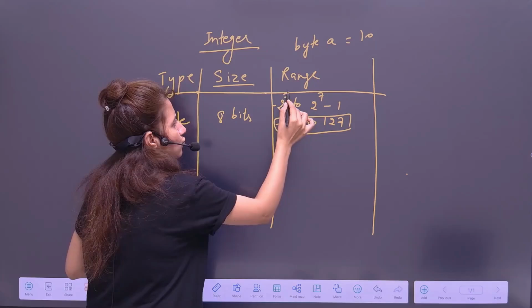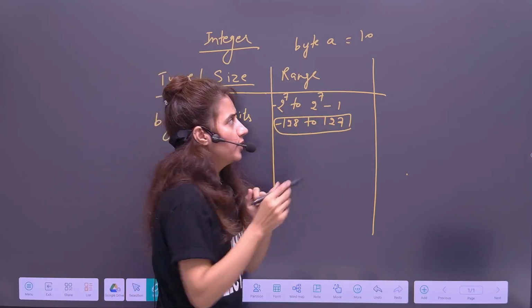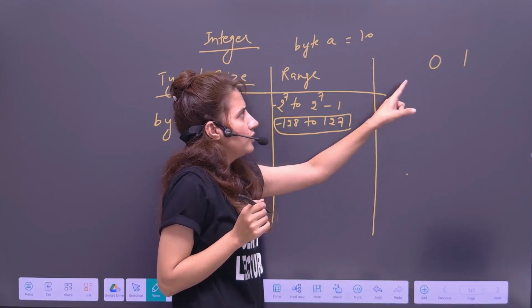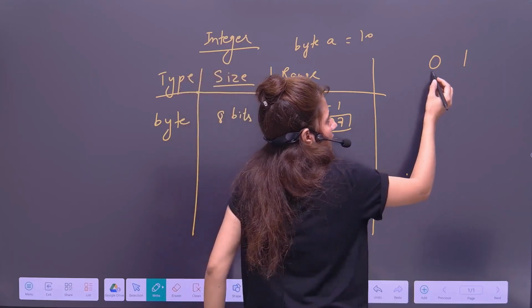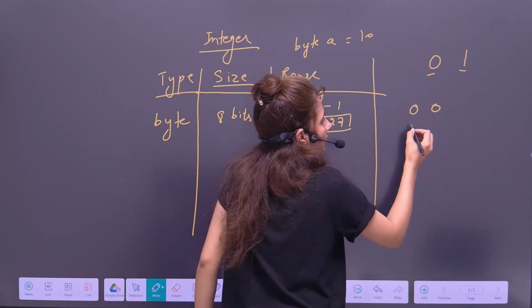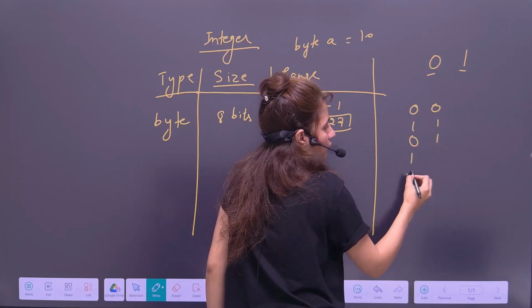Now why is this range 2 raised to power 7? See, if you have only 2 bits, 0 and 1, how many combinations can there be of just two numbers? Both 0 0, both 1 1, this one 0 and this one 1, this one 1 and this one 0.